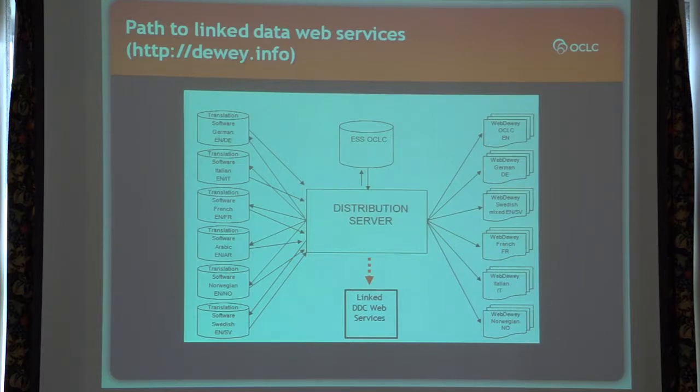And so it's not fully productionized yet. So in this distribution server, we have XSLT style sheets that take our data and transform it into RDF SKOS to then push it out to our linked data service. So that's one of the other things that happens at the distribution server end.